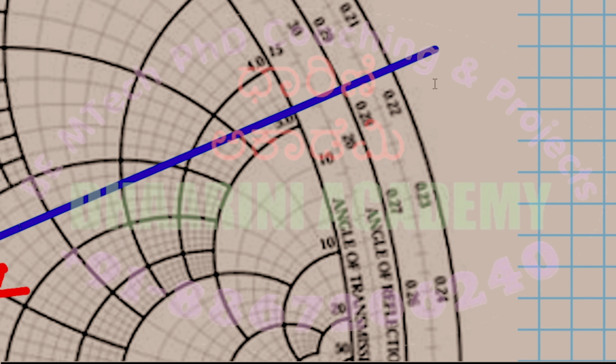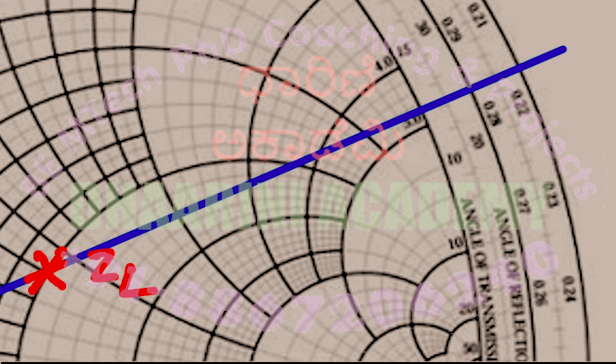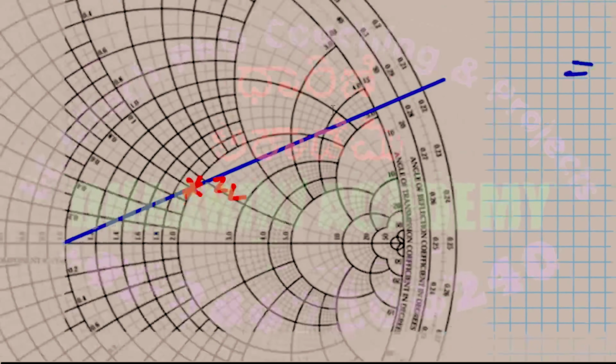So 0.21, it's between 6 and 7, 6 and 8 for me. Maybe, right? Just give me your value. I'll write that value here. How much is that value?